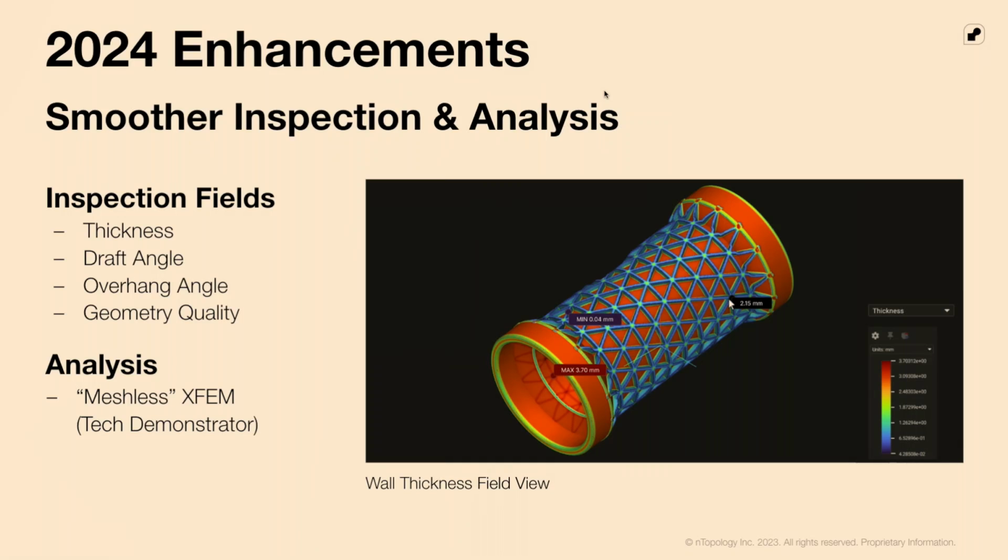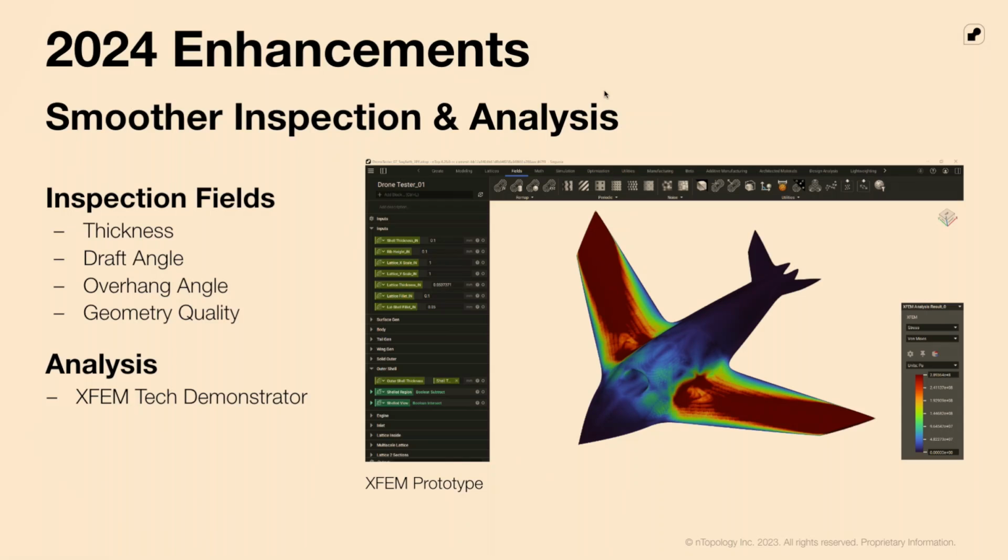And so I'll start with a couple of enhancements to our software. One, obviously, when we're dealing with precise geometry and control over the geometry, you really need to understand what it is that you're building. So we're introducing a number of new fields to the software, and better viewability of the fields, things like thickness, draft angle, etc. On the analysis side, we've been working with what we put in quotes as mesh-free. It's not mesh-free.